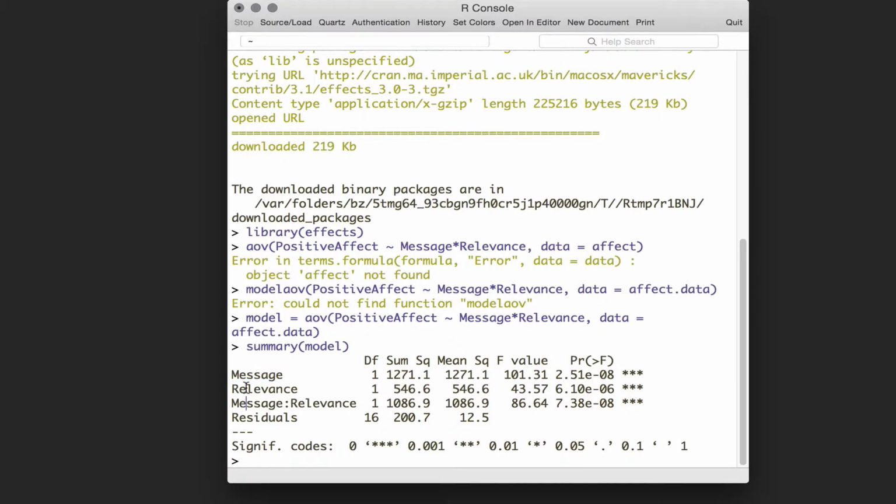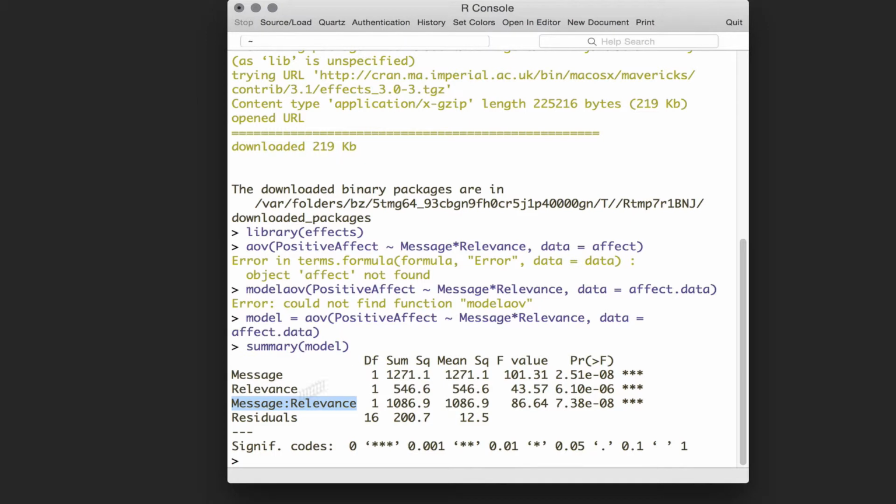The second tells us about the main effect of relevance, and the third tells us about the interaction between the message that someone got and the relevance it has. So we can see that all our effects are significant. So let's start interpreting what they mean, the most important part of any analysis.